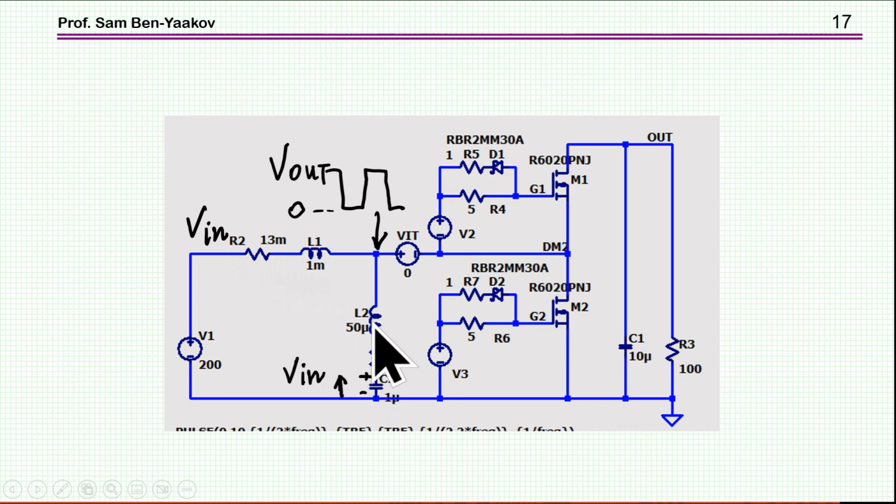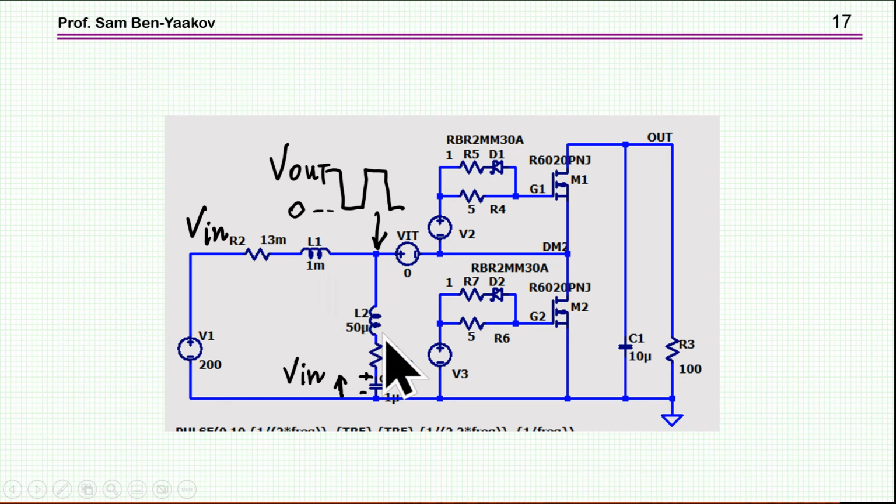In fact, it is exactly like the case of the BCM, because in the BCM we also have the same waveform. So consequently, the ripple that we generate here is a function of this pulse waveform, and it is actually like in the case of the BCM, because in the BCM we have a small inductor here.